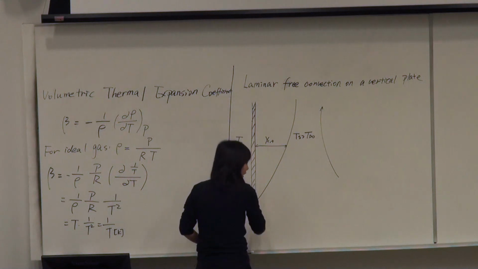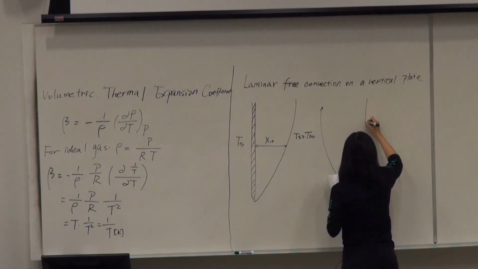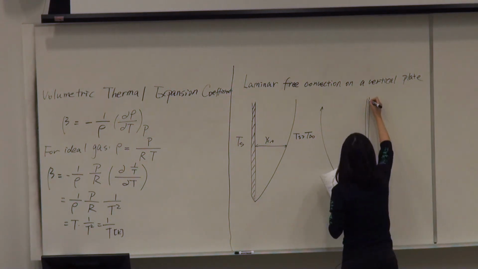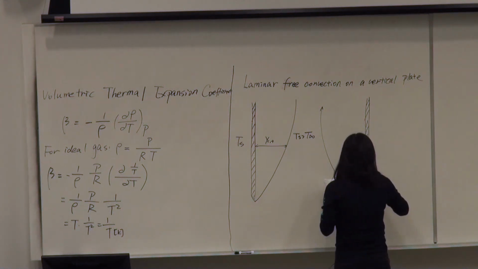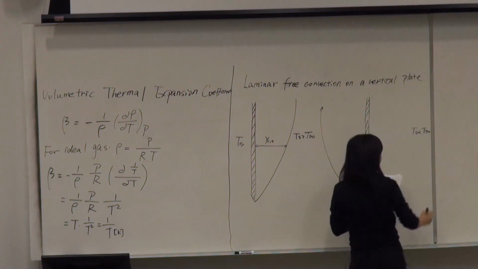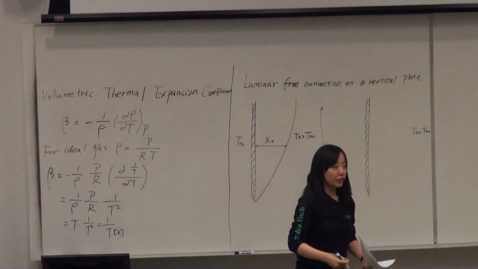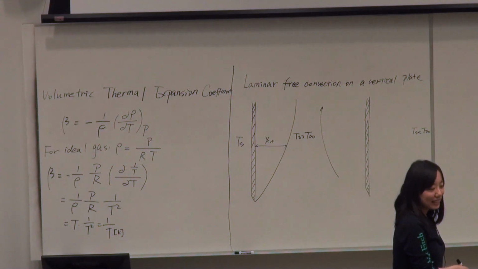And for the heating case, how about cooling? We have the same configuration, but with a plate at lower temperature than the still air. By intuition, it tells us the air will become denser and sink.